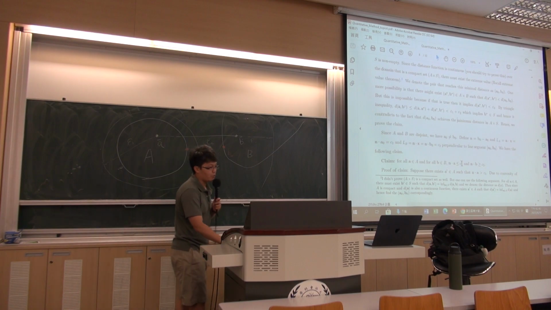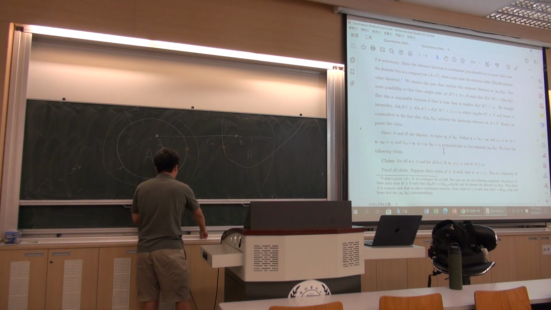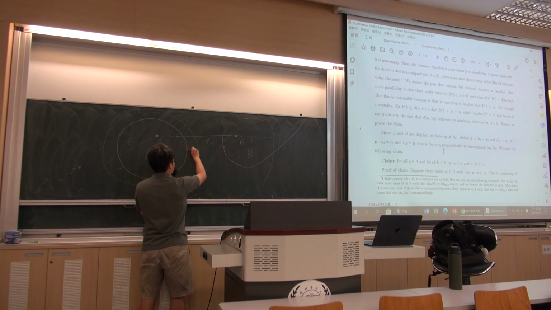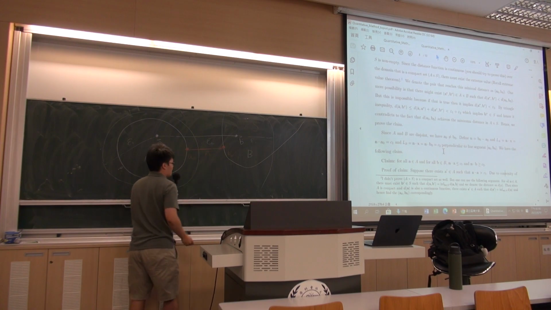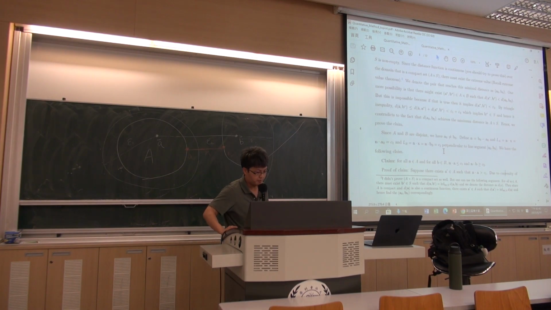Now we are here. Since A0 and B0 are not the same point, we can construct a vector from A0 to B0, and we call it the normal vector n, which is B0 minus A0.